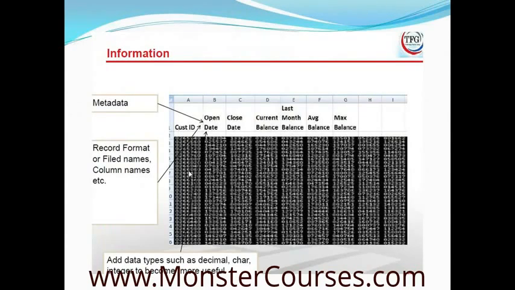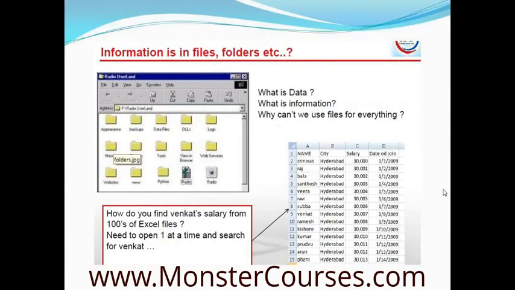So customer ID is metadata. By seeing this we can analyze that this column is customer ID and this is the date column. All these things give us information about the data.